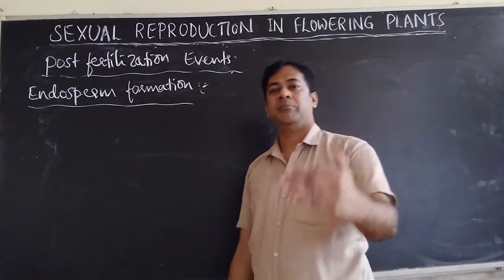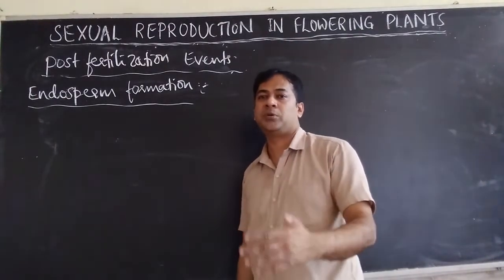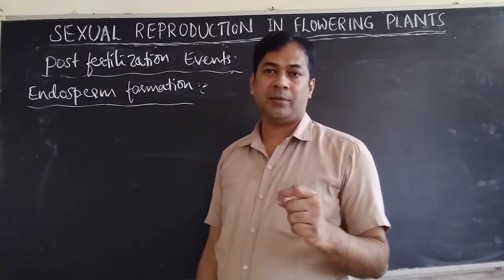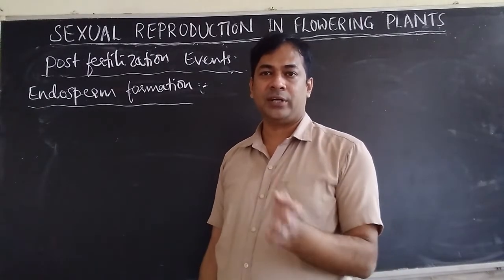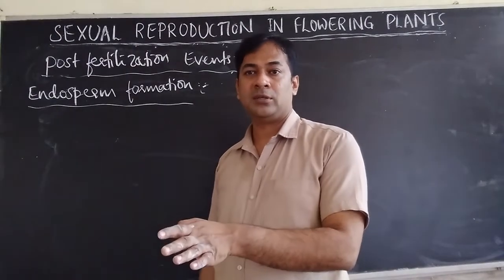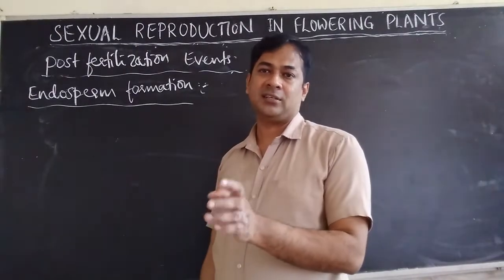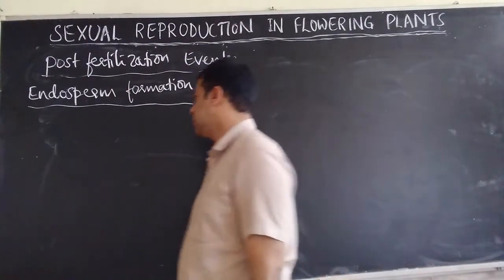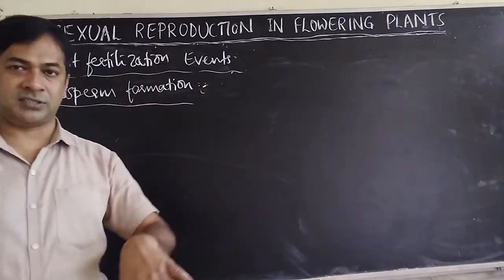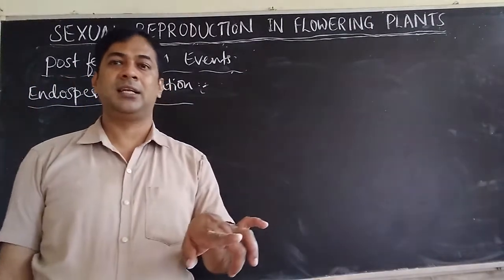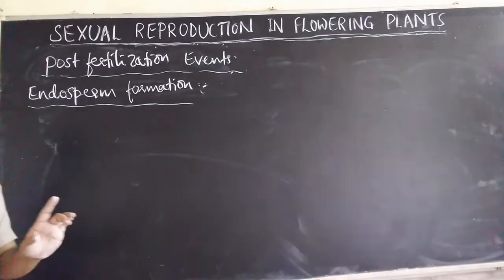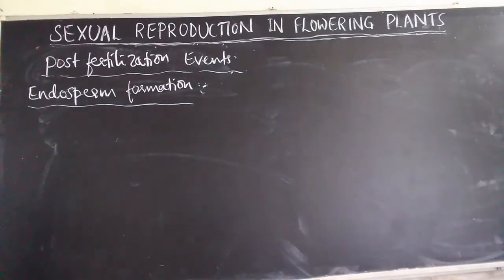Why? Because before production of seeds, endosperm should be developed first. Because for development of the zygote into seed, food is required. Food is provided by endosperm. That is why endosperm should be formed first. Then the zygote will become seed.